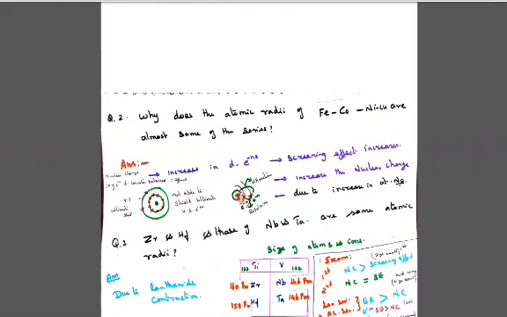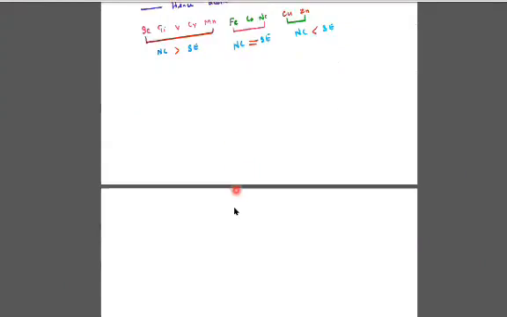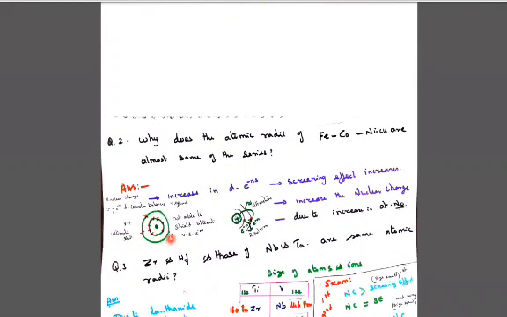So from scandium to manganese the atomic radius decreases. Then for iron, cobalt, nickel, the nuclear charge is equal to the screening effect, because iron has 26, cobalt 27 and nickel 28, and the number of electrons in the d orbital increases to 6, 7 and 8. So electron repulsion takes place.